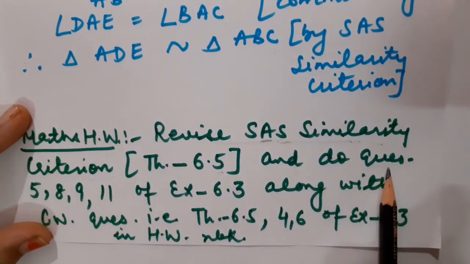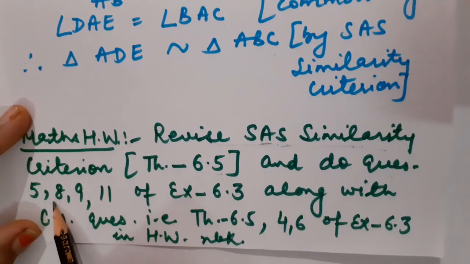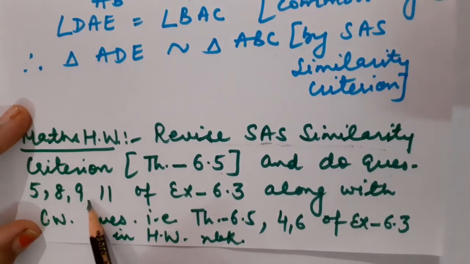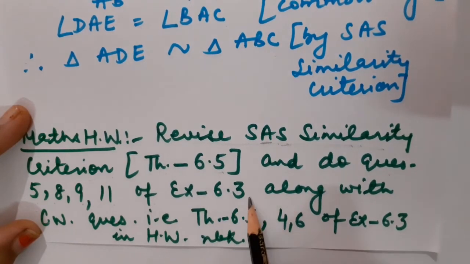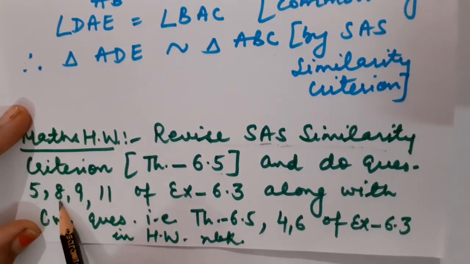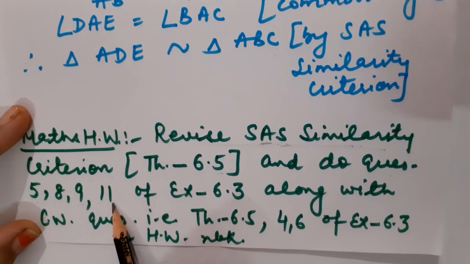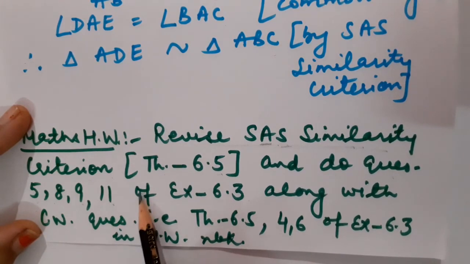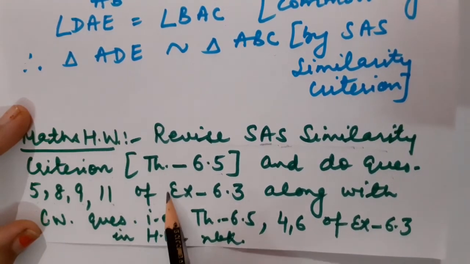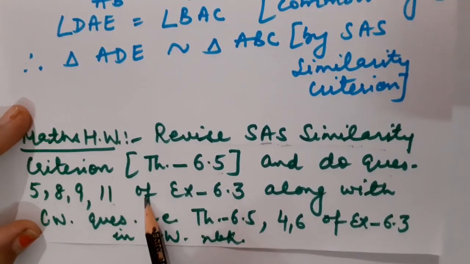Then do questions 5, 8, 9 and 11 of exercise 6.3. Children, these questions are based on the 3 criteria which I have taught you. First criteria, AAA. Second criteria, SSS. And third criteria is SAS criteria.